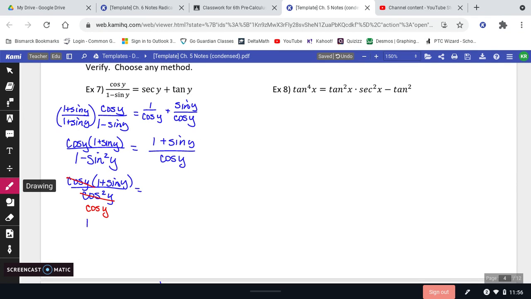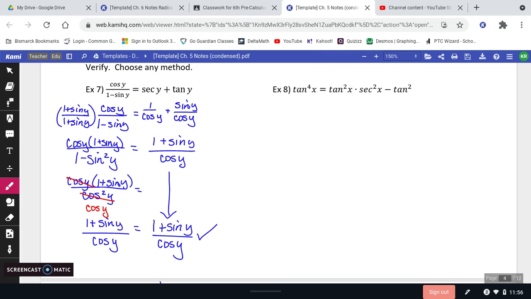So this becomes 1 plus sine y over cosine y. And look at that, that's what my other side is equal to. So I am good.